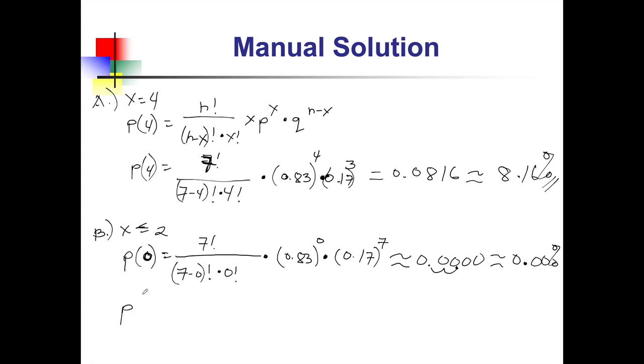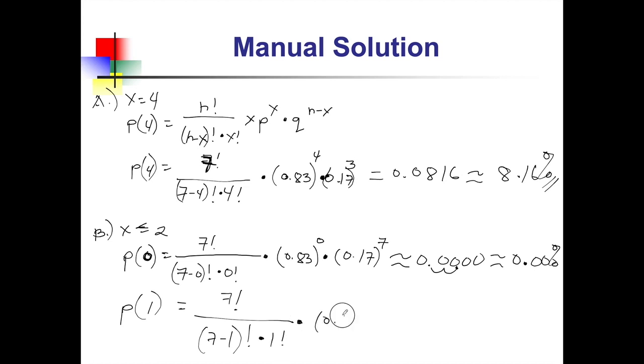So, let's have here probability of 1 equals 7 factorial all over 7 minus x, which is 1, so 7 minus 1 factorial. Multiplied natin ulit sa x factorial. Ayun yung sinasabi ng formula dito, no? Which is 1 factorial.